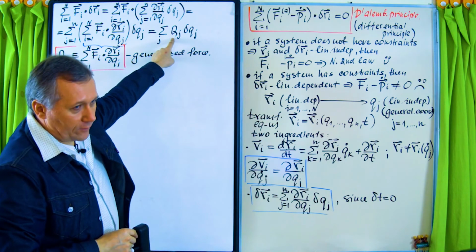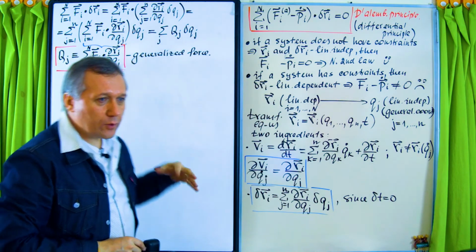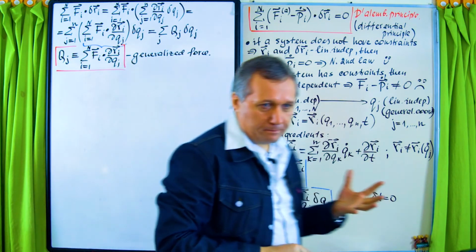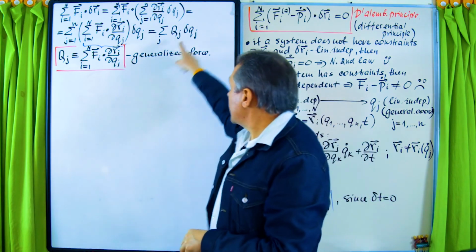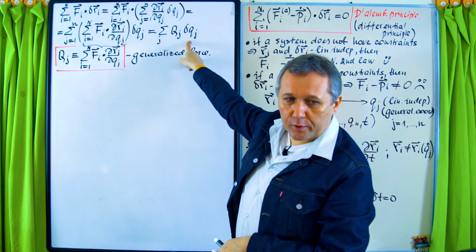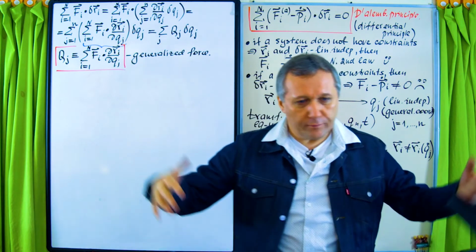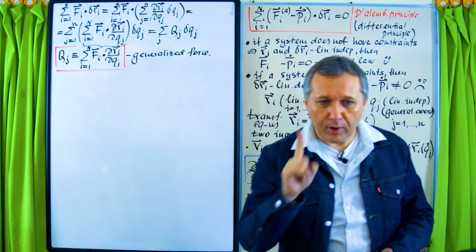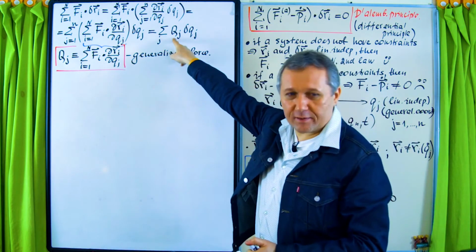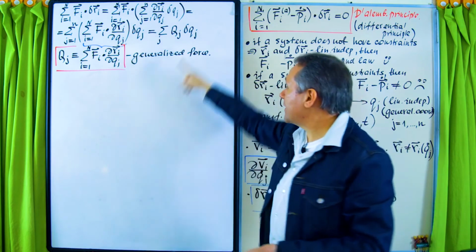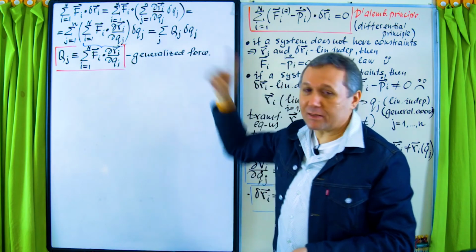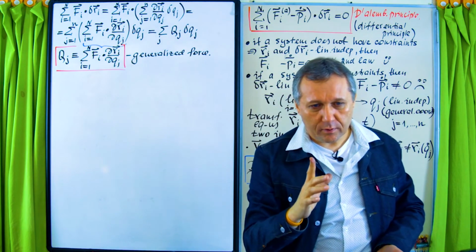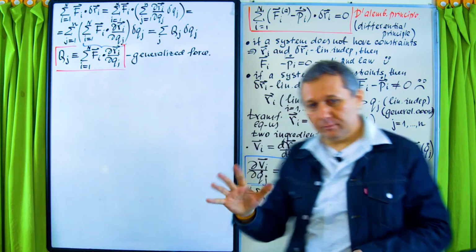Q, generalized force, doesn't have to have units of force. The same, this q, generalized coordinates, doesn't have to have units of length. But the product of whatever units times whatever units must give you units of work, energy.